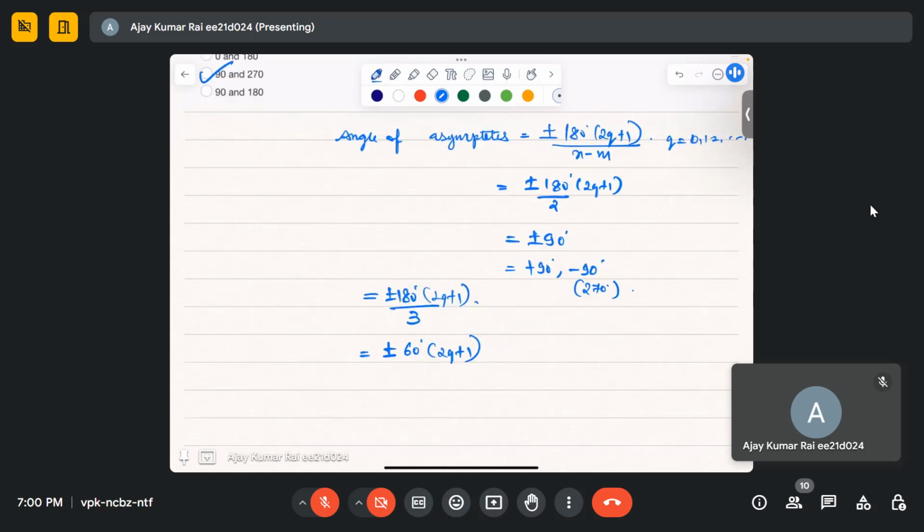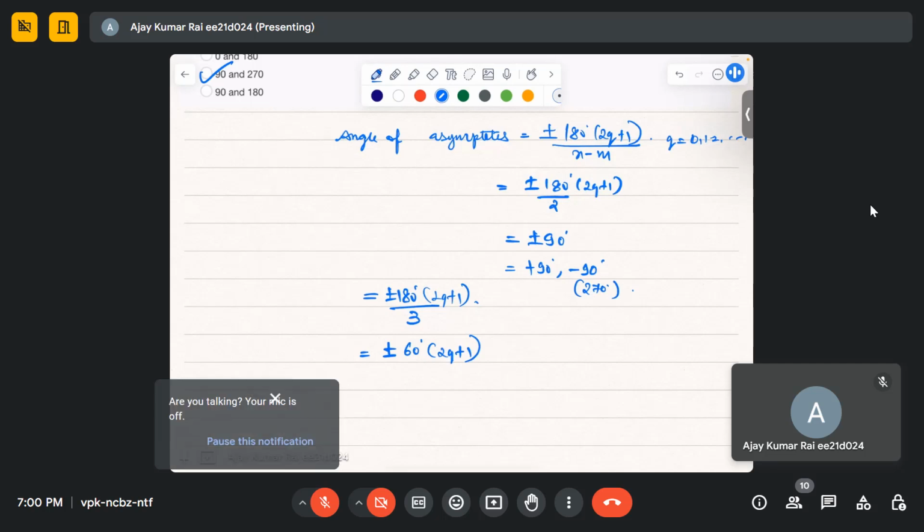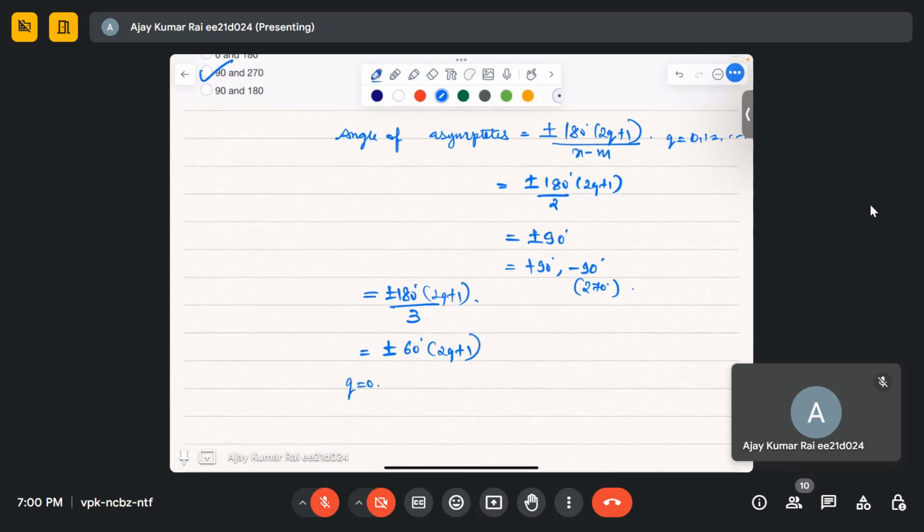So you have three asymptotes. Put the values, q equal to 0, what will you get?